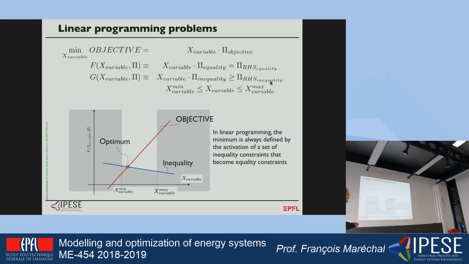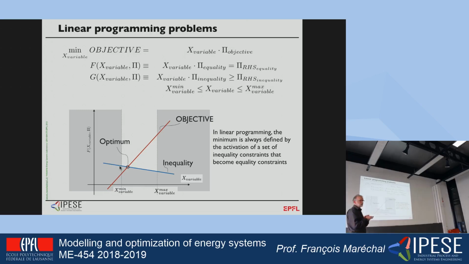Of course, I could have had other inequality here. And in this case, for example, when I have obtained this optimum here, the value of the variable is not at its minimum bound. So what does it mean?